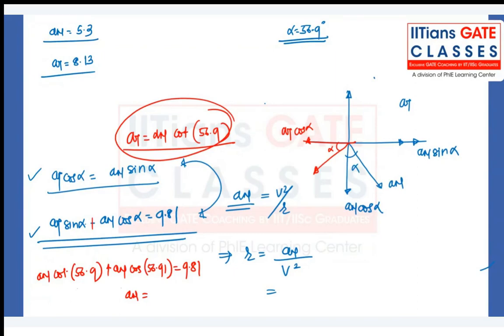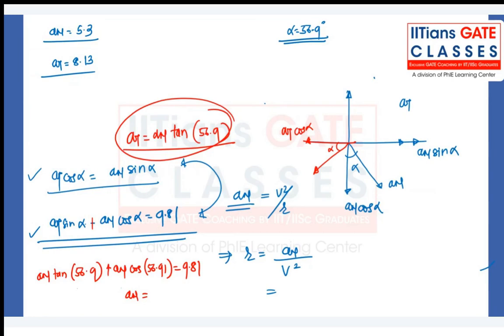What is the answer? Sir, AT will be AN tan alpha, tan 56.9. Sir, AN is correct, sine alpha only. AT sine alpha, AT tan alpha, and sine 56.9 in multiplication. Because the AT value is AN tan alpha, so we have AN sine alpha tan 56.9. Yes, sir.